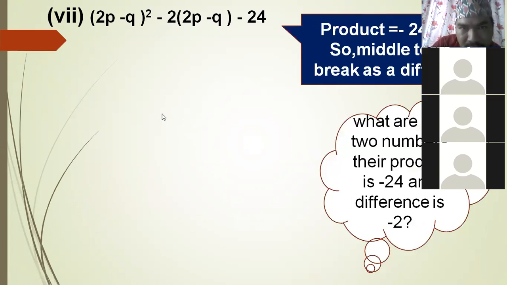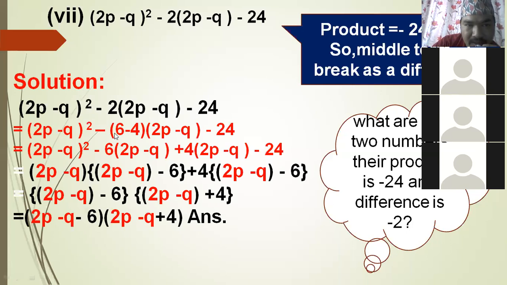Can you tell, children, what are those two numbers whose subtraction comes 2 and multiplication comes 24? Here we have to subtract. Why do you know? Because here is one coefficient first and here is minus 24. This negative comes, that's why we have to bring this 2 by subtraction. It will be like this, look here. 6 minus 4. 6 minus 4 is 2, 6 4s are 24.